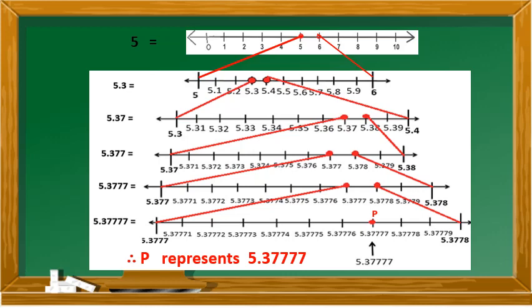Now start marking 5.371, 5.372, 5.373 and so on. Now mark till we get 5.379 at last 5.38. 5.38 is nothing, it is 5.380 and 5.37 is nothing, it is 5.370 in the beginning.